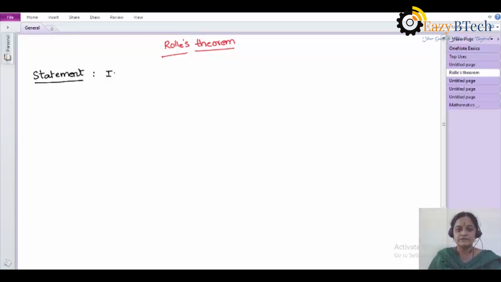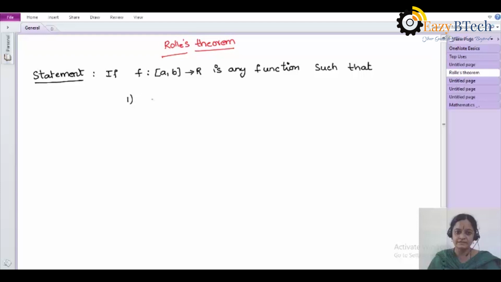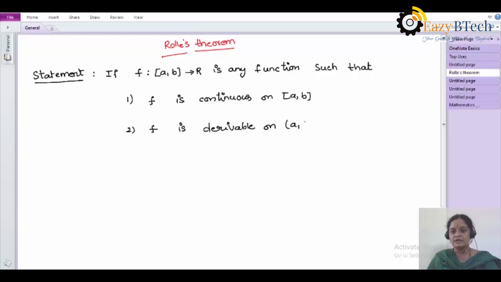If f from a comma b to R is any function satisfying the conditions: f is continuous on the closed interval a comma b, second, f is derivable on the open interval a comma b, and third, f of a is equal to f of b.